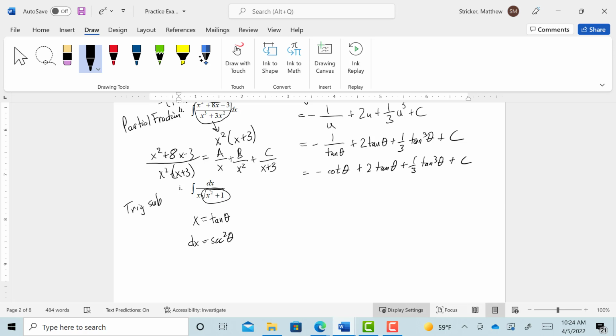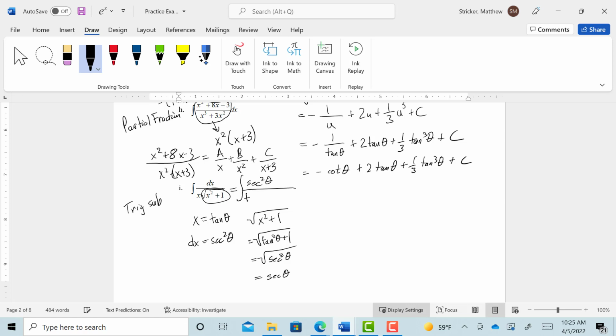And so our square root of x squared plus 1 is going to simplify down, because that's going to be square root of tangent squared theta plus 1, the square root of secant squared theta, which is secant theta.